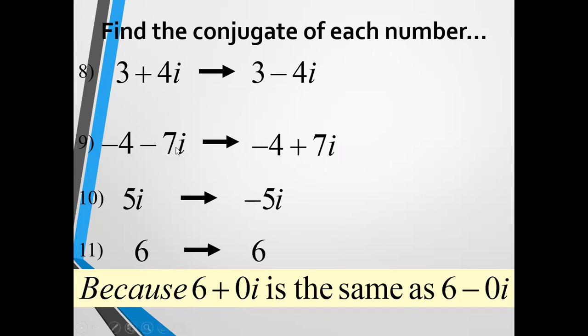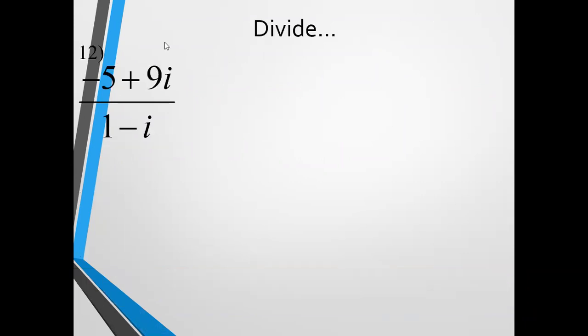All right. Let's continue. So we now want to divide. We are asked to divide minus 5 plus 9i by 1 minus i. When you are given this kind of expression to solve, what you need to do is to multiply the denominator and the numerator by the conjugate of the denominator.